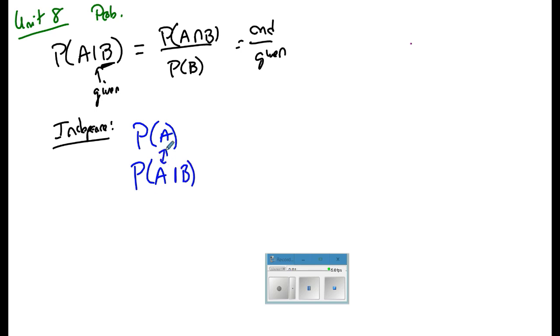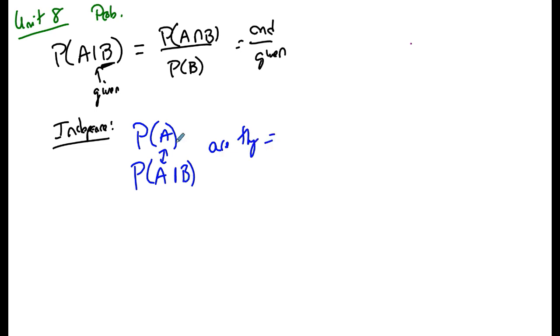Notice that A is still in the front seat. You found the probability of A, you're still finding the probability of A. This time you're just assuming that B already happened. You want to know, are they equal? If they're equal, knowing B happened didn't change the probability of A, so they're independent events. But if they're not equal, they are not independent.